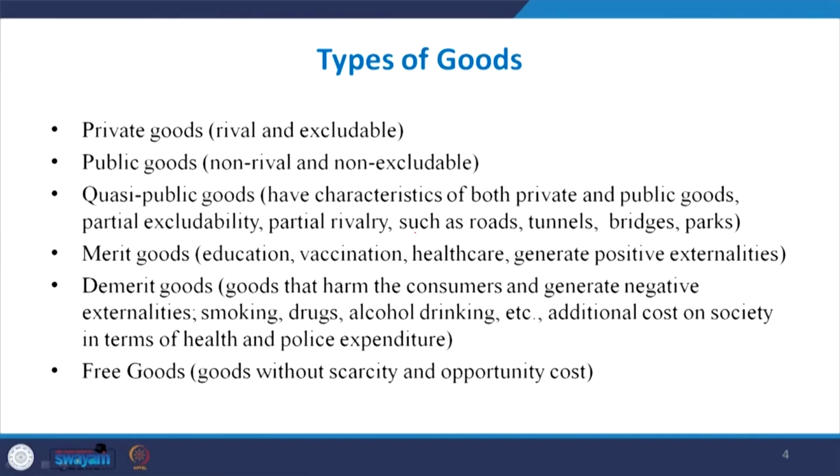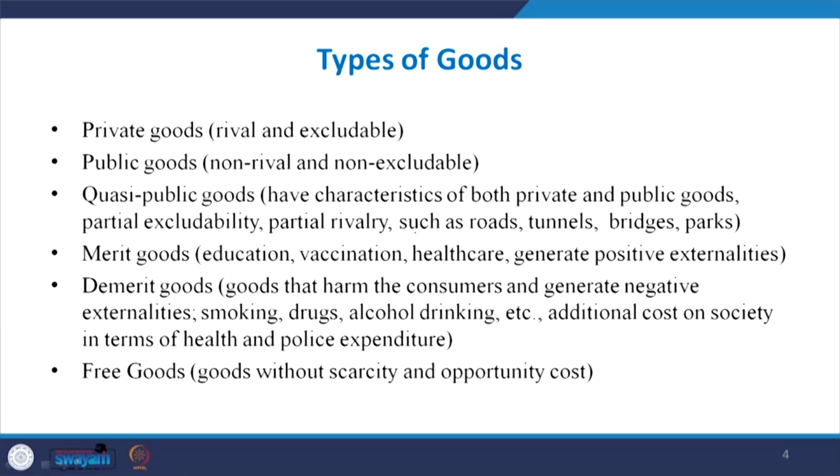There are some goods which may also be called quasi-public goods. They have characteristics of both, to some extent private as well as public goods, or they may be partially non-rival and partially non-excludable, partially excludable and partially rival, such as roads, tunnels, bridges, parks.